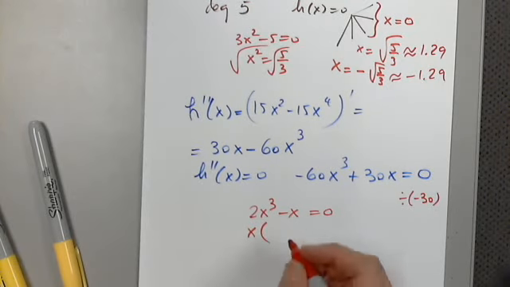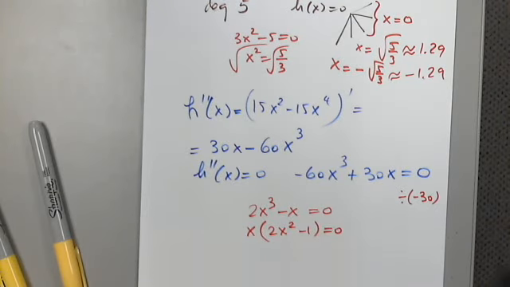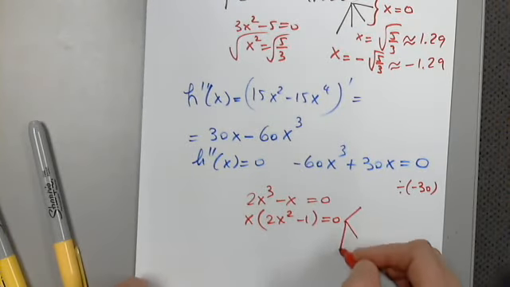Pull out an x: 2x squared minus 1. As I said, there is no simple problem in this book. We will get three solutions.